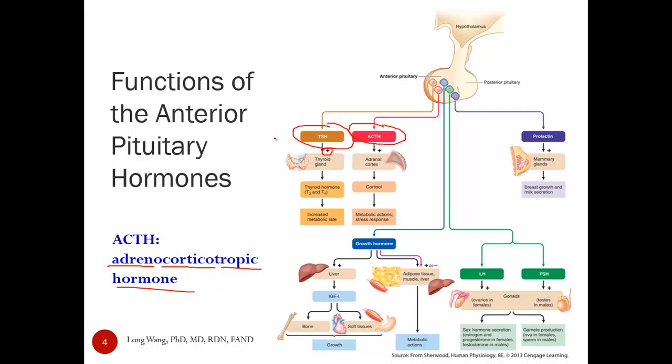It is above the thyroid gland in this case. So it will tell the thyroid to secrete more thyroid hormone, and then that will have downstream effects at the target tissue. Same thing for ACTH. It is situated above the adrenal cortex. It sends a command to the adrenal cortex to secrete more cortisol, which will also have a significant impact on metabolism.